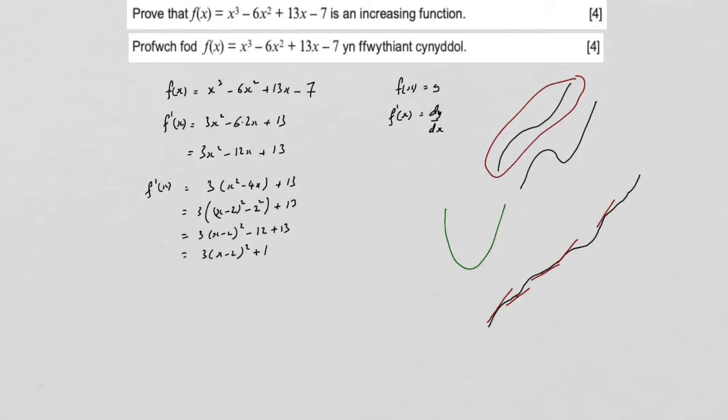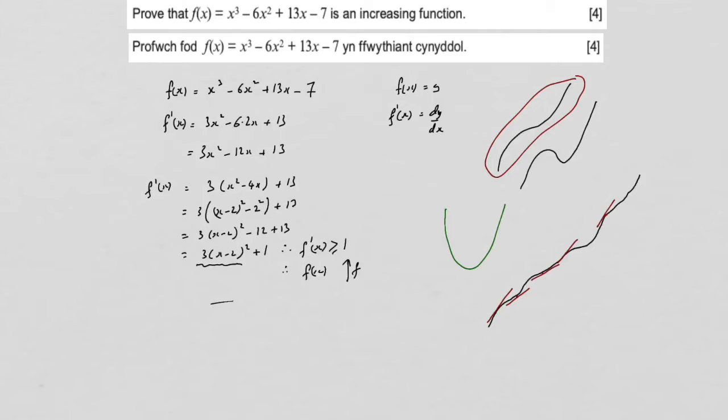And since the squared bit here has a minimum value of 0, then the whole thing has a minimum value of 1. And so we can say that f dashed of x is greater than or equal to 1, and we can conclude from that that f of x is an increasing function.